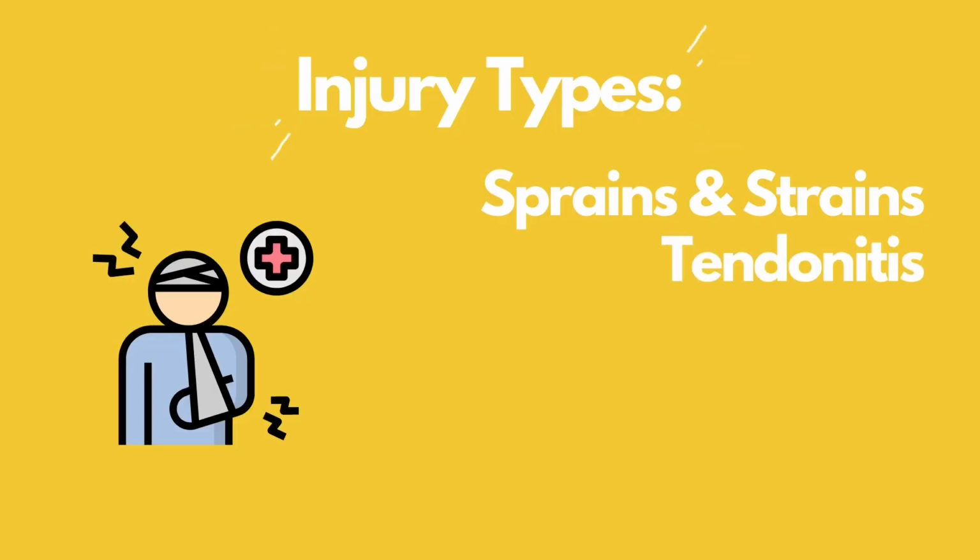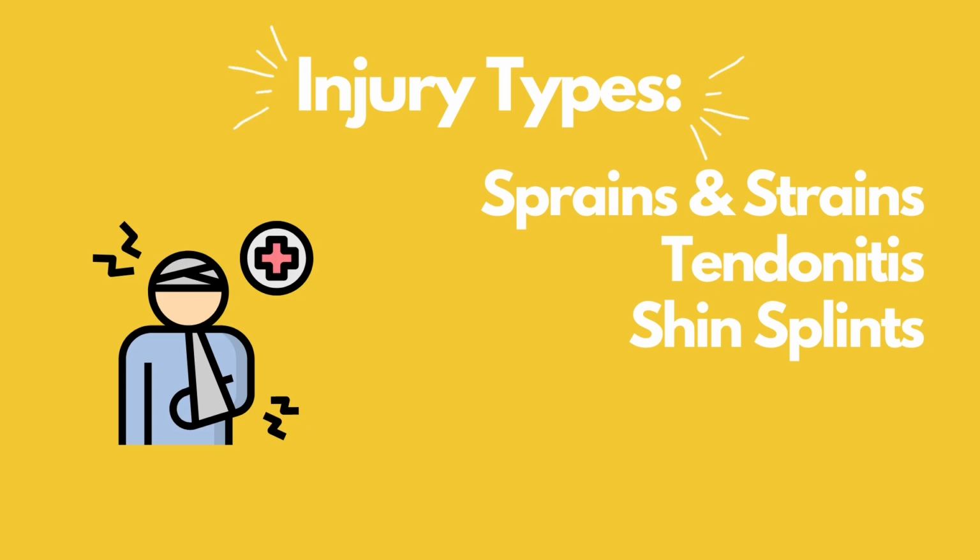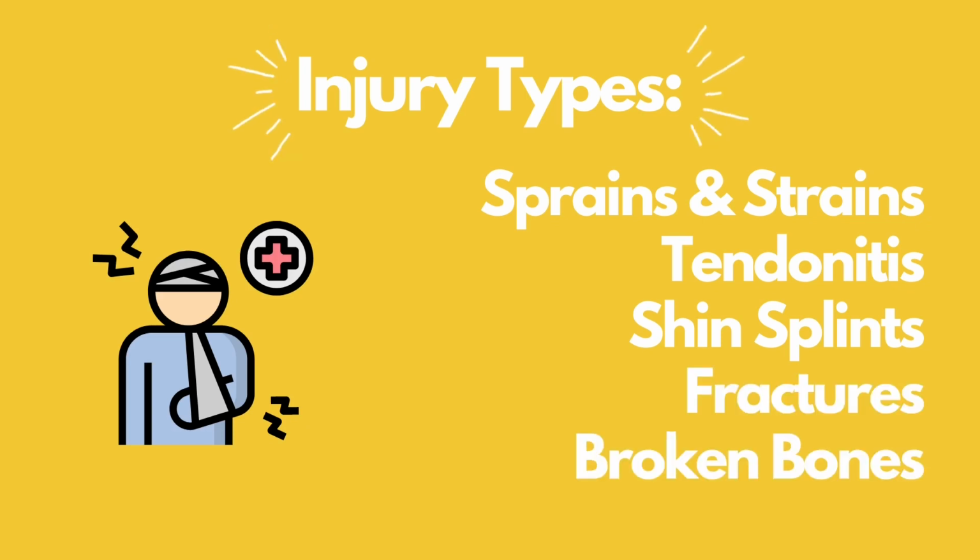And sprains and strains are the 2 most common types of injuries that are related to dance. Alright, then we also get things like tendinitis, shin splints that affect the front of the shins, and then more serious things such as fractures and broken bones, which we hope that you will not encounter in your dancing career or in your dance training.